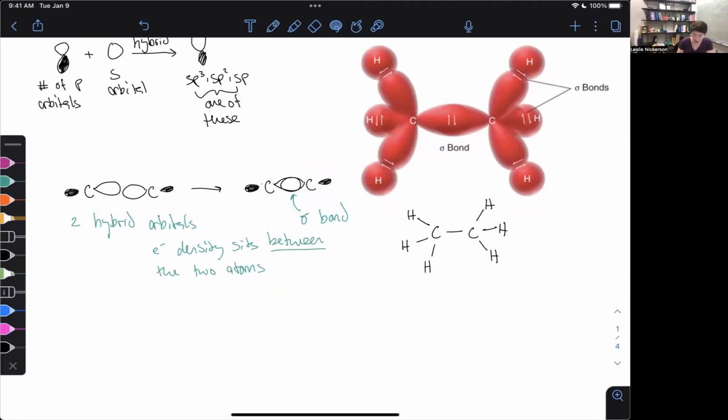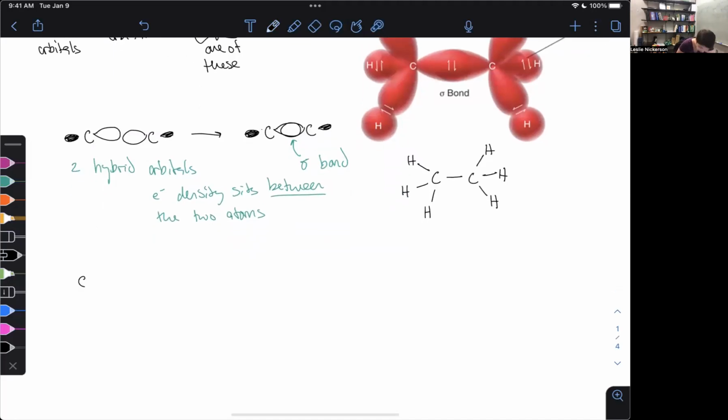The other thing that we can have is a carbon, for instance, with its hybridized orbital, and an H with its s orbital. Hydrogen atoms can't hybridize, right? They only have the one s orbital, so they're a lot more limited. So here we have one hybrid orbital and then one s orbital.